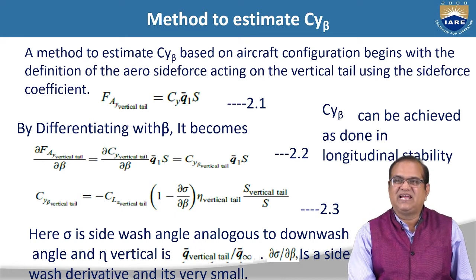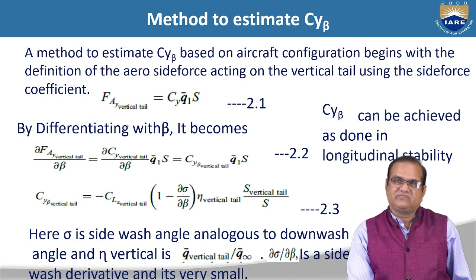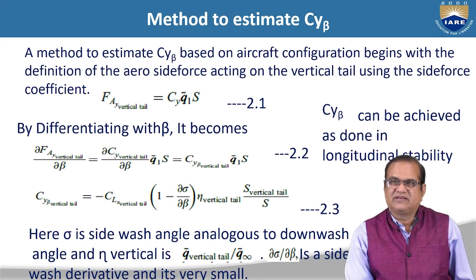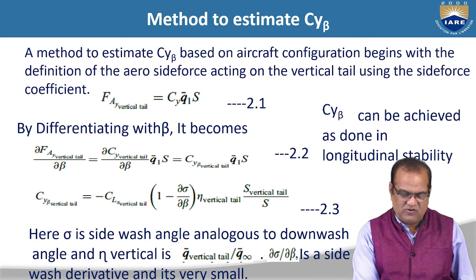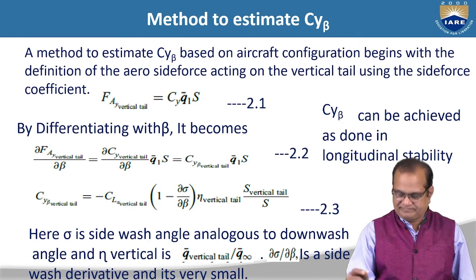Here d sigma by d beta is a sidewash derivative and it is very small.